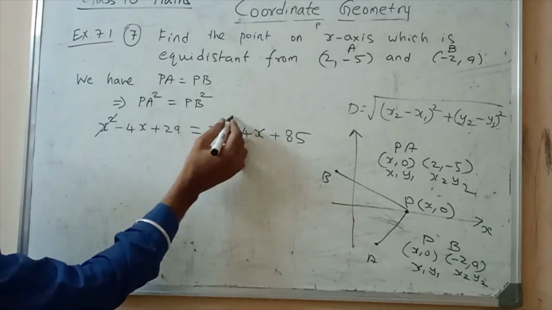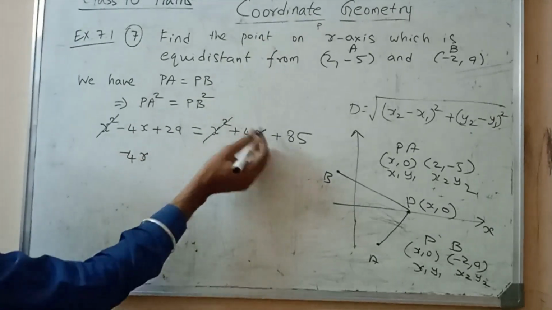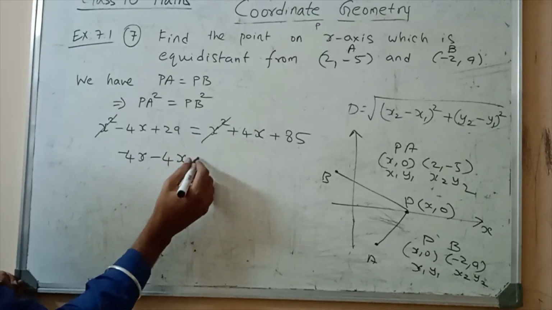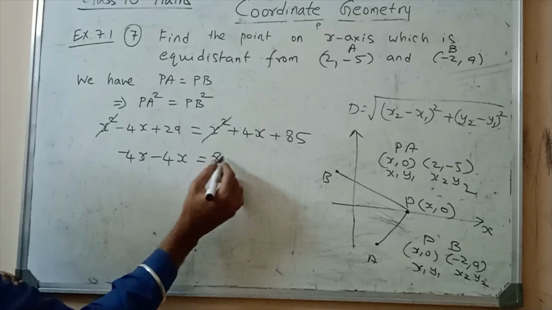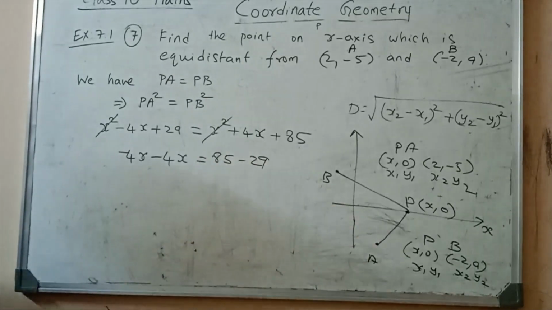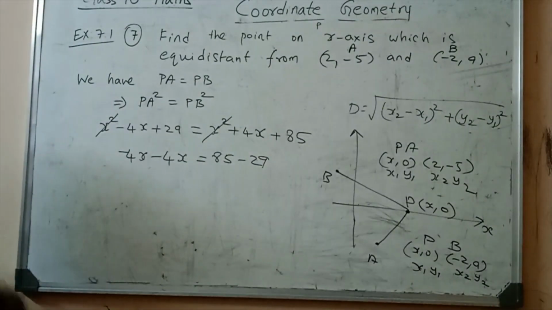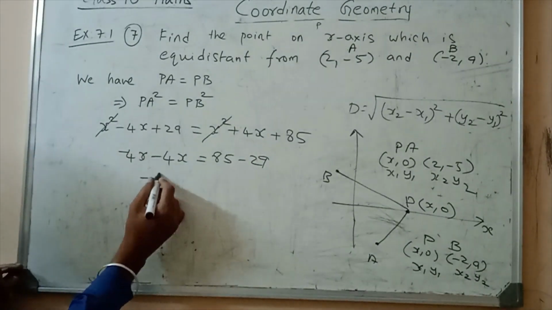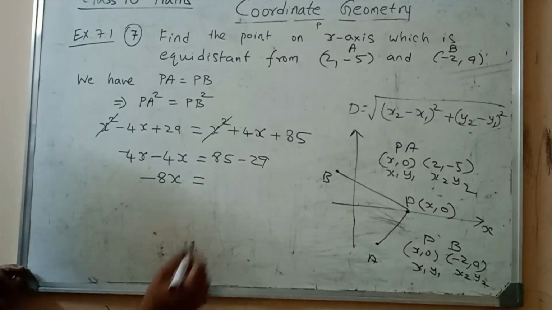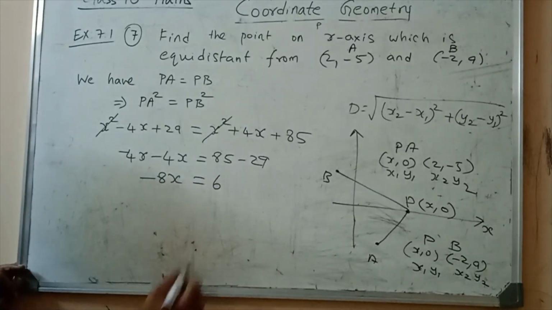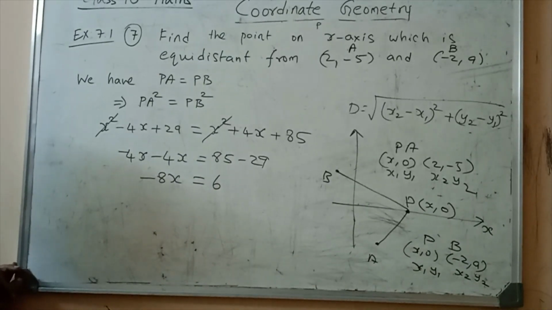Both sides x square will be cancelled and then here minus 4x, take that plus 4x to this side, that will become minus 4x, and then take this 29 to that side, 85 minus 29. Now simplify that. Minus 4x minus 4x becomes minus 8x, that is equal to 85 minus 29, 56.